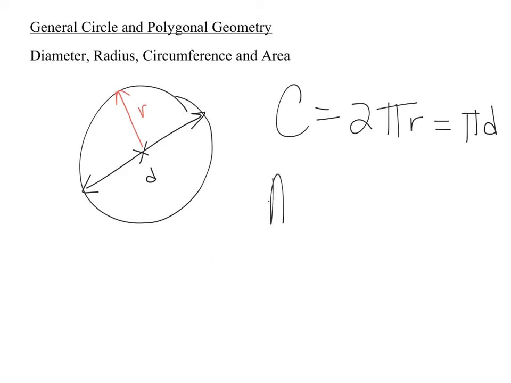Area, pi r squared, or in terms of diameter, anybody know that one? Think about it. You'd replace r with d over 2, and then you'd have to square that whole thing. Replace r with d over 2, but then you have to square d over 2. What does it become?